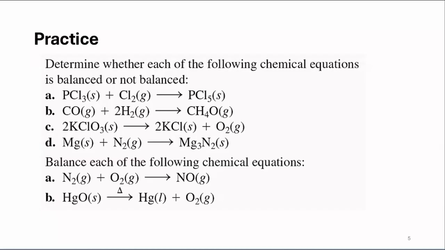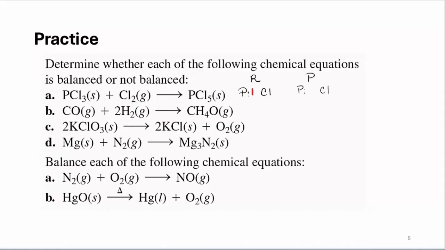So when I look at letter A, I have phosphorus and chlorine in the reactant, and I have the same atoms, phosphorus and chlorine, in the product. So when I look at this, in the reactants, I have 1 phosphorus, and chlorine, I have 3 here and 2 here.